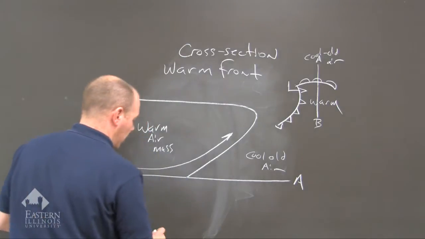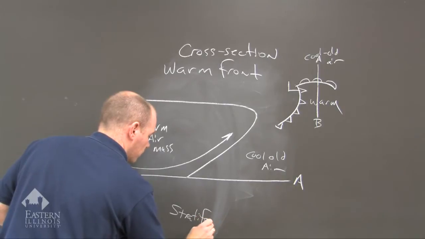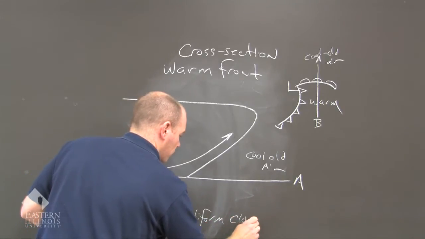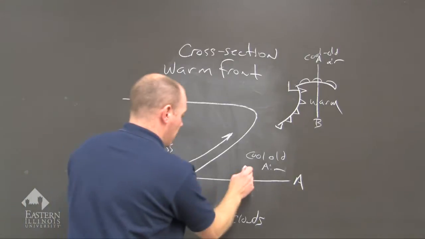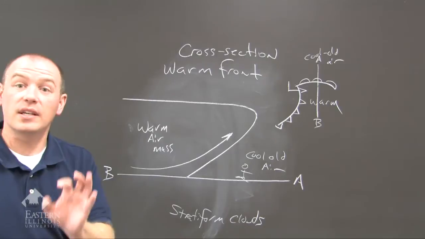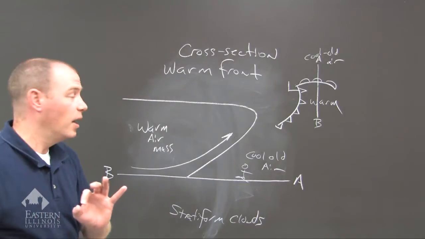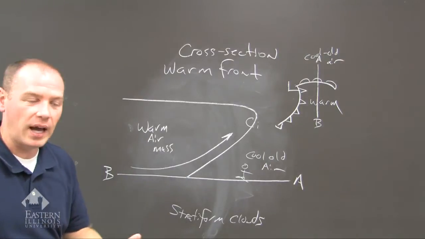In fact, these clouds are stratiform clouds. So the first thing, if you're standing here and this air mass is moving in, is not a stratus cloud, but it is a cirrus cloud, wispy clouds.